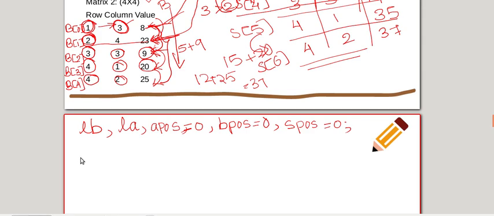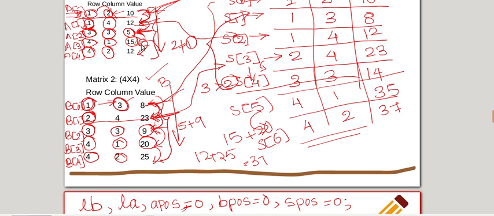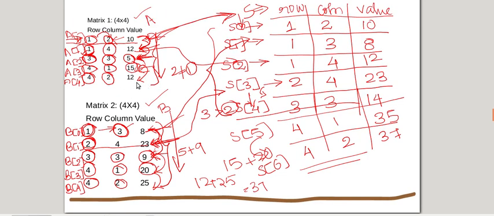So let's start. First I need to iterate through these two arrays, and I have to stop whenever I reach the end of this one or reach the end of this one. There is no need that both have the same length. In this particular case only both are having the same length. The length will depend on the number of non-zero elements of each matrix.